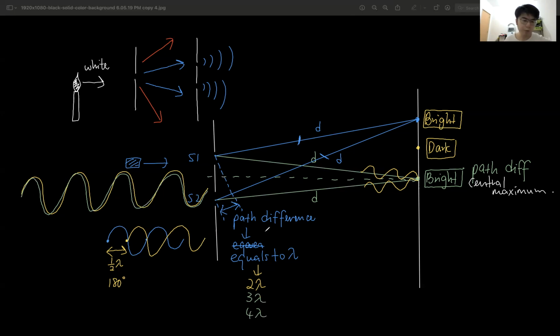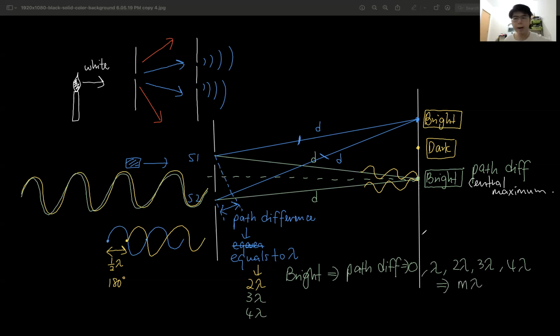This one you have to remember, take note of this. So I write down here, bright fringe, how is it formed? Whenever the path difference of the waves is zero wavelength, one, two, three, four wavelengths, or in general, m wavelengths, where m is an integer.